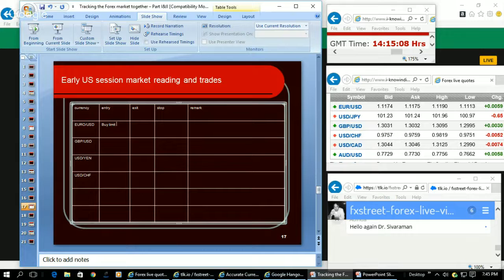We keep it 5 pips below and see whether they are able to fill the order and exit at 45 pips, then stop 30 pips below 1.10. Sell stop order.